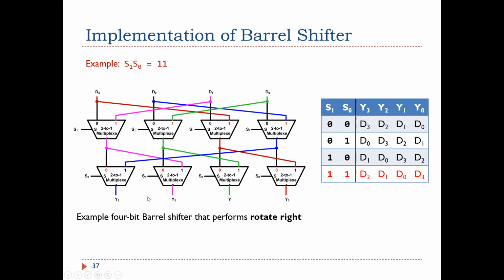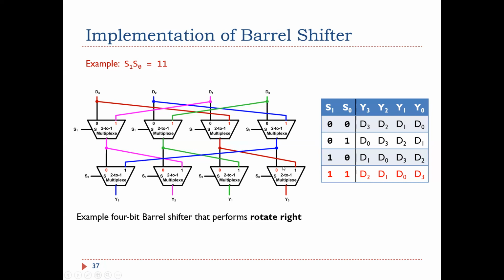So here you can see that this circuit is good enough for 4-bit rotate right when you would like to do only 3 times of shift, rotate right. Now you see how complex it will be.